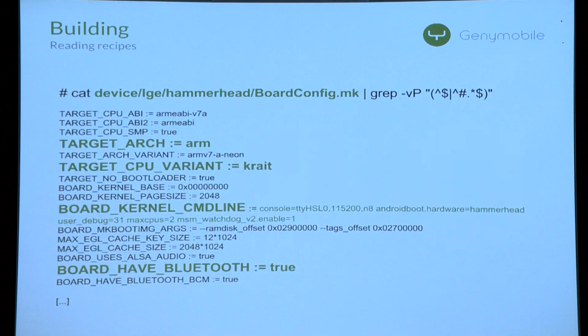Here is also the example for the Nexus 5. So you are targeting an ARM architecture. Here we're also describing that you are using Bluetooth. You can find Bluetooth on this phone. The CPU is a Krait one, so it's a particular version of an ARM one.